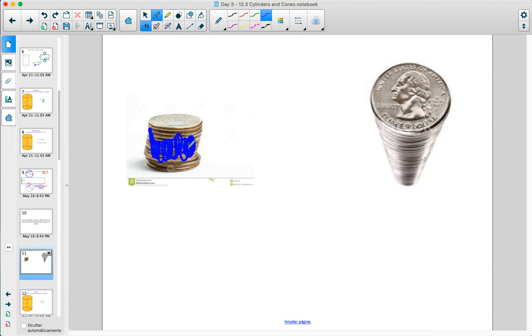So now it's not just 2D. It's not just the area of a circle. It is in fact the area of the circle plus the area of this circle plus the area of this circle.